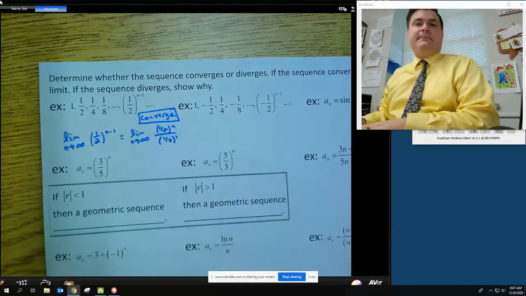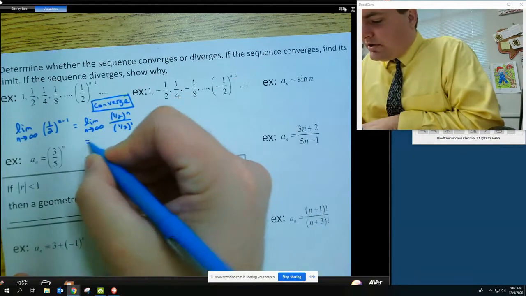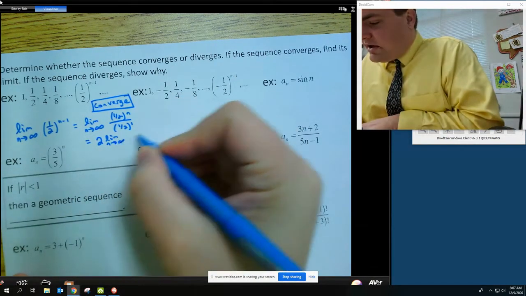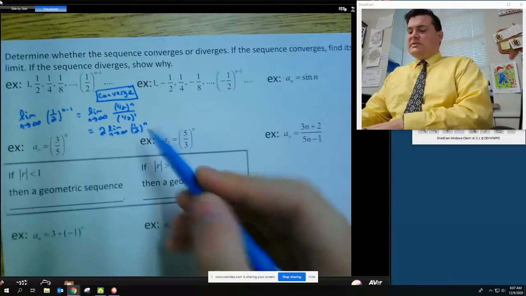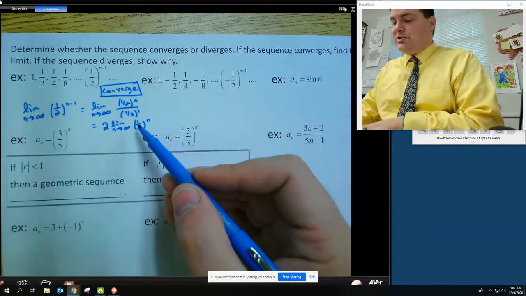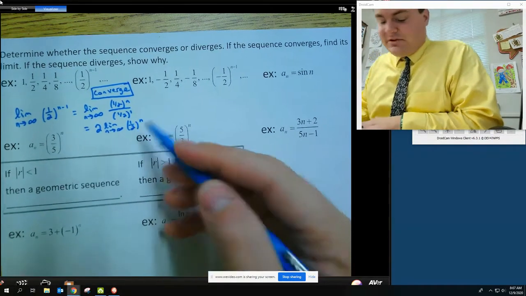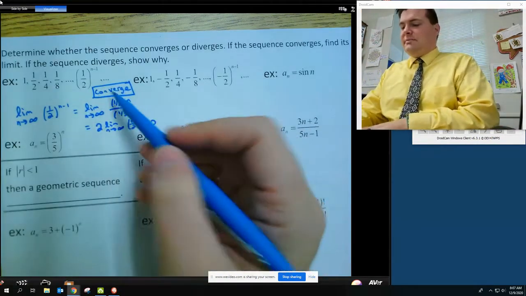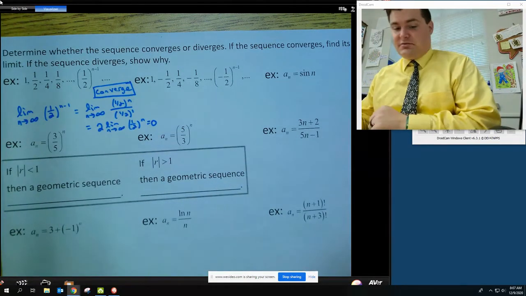That's just an exponent rule. So this is really equal to 2 times the limit as n approaches infinity of 1/2 to the n. This is an exponential that is getting smaller and smaller, so eventually it's going to reach 0. So this first example converges, closer and closer to 0 as n goes to infinity.